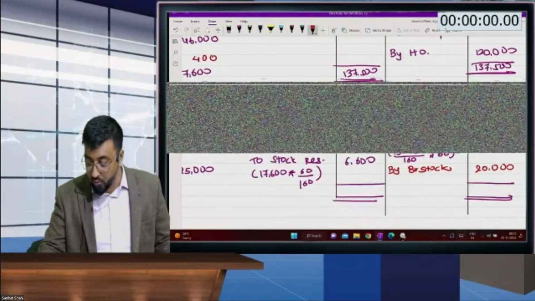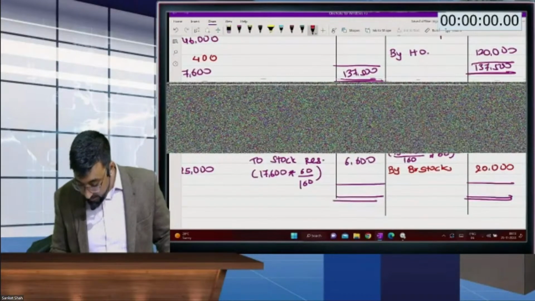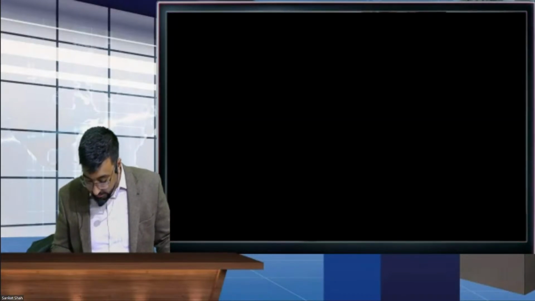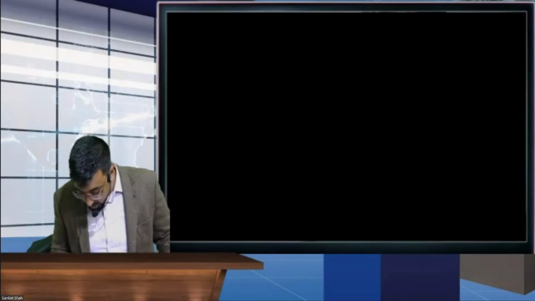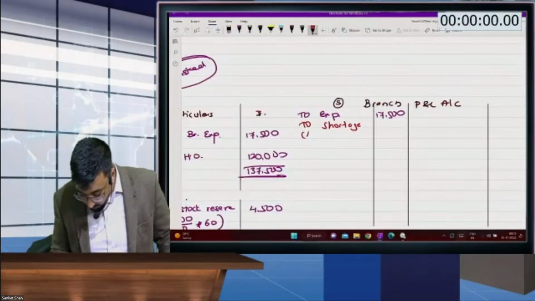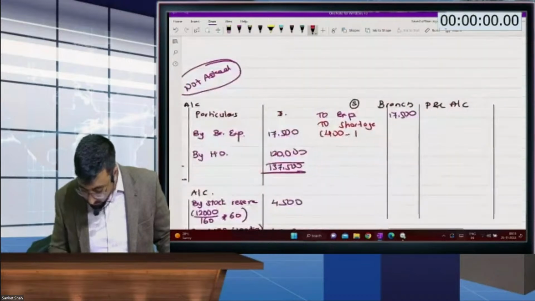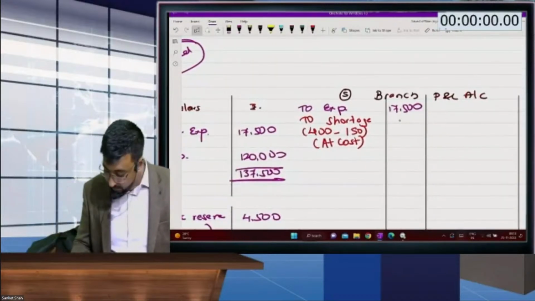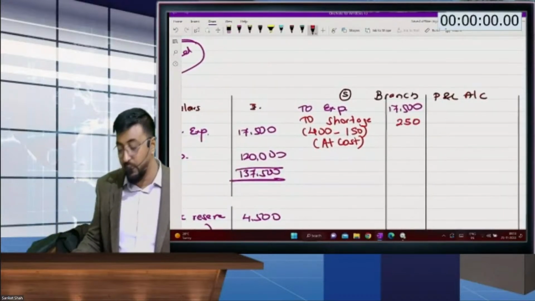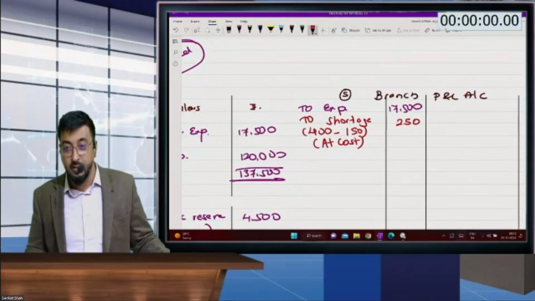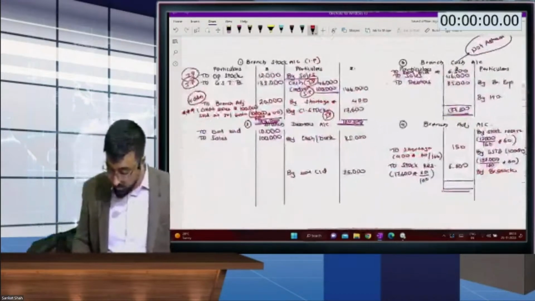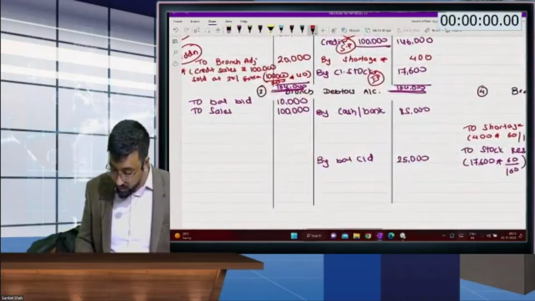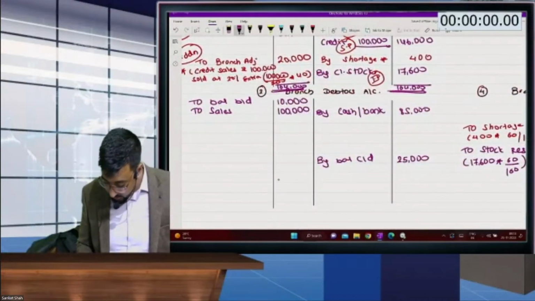So cancel loading 150 and loss लिखेंगे to shortage, 400 minus loading कितना निकाला था 150. So this is at cost, 250. In branch P&L we will record 250.